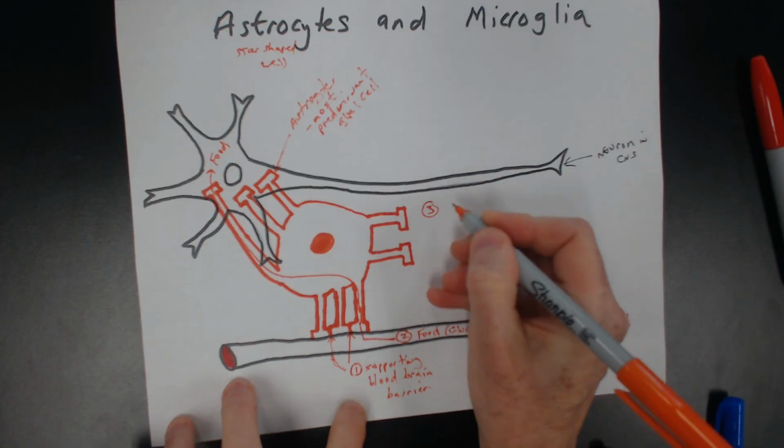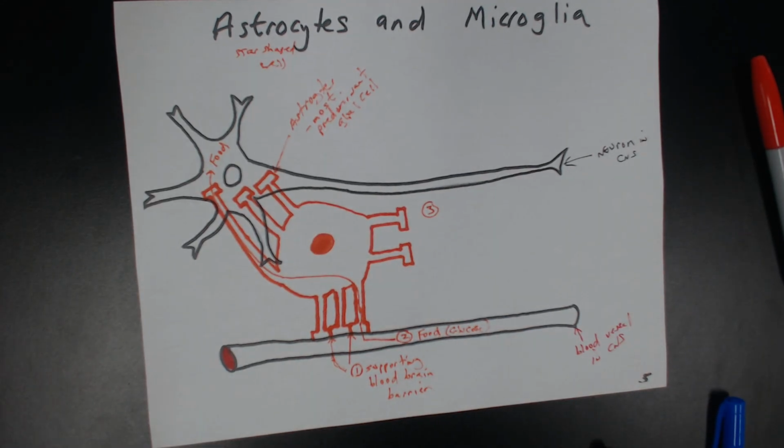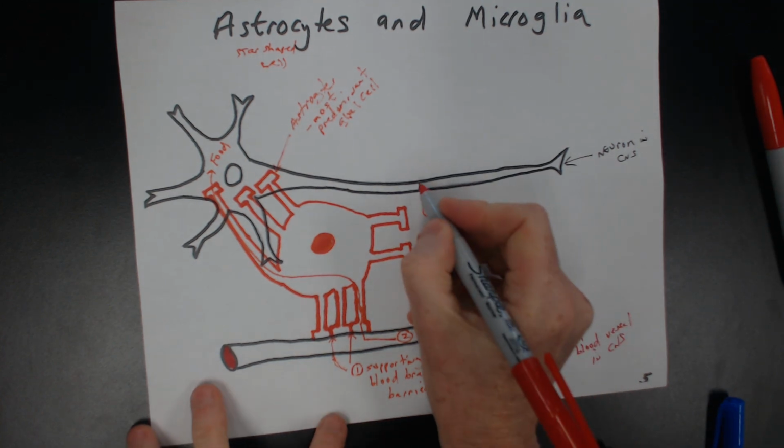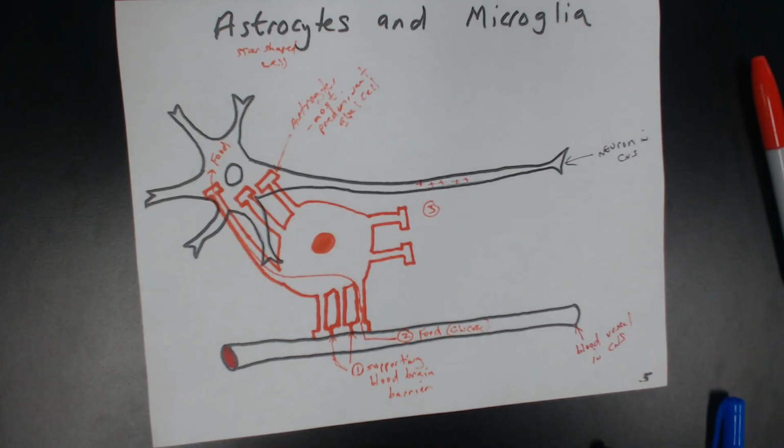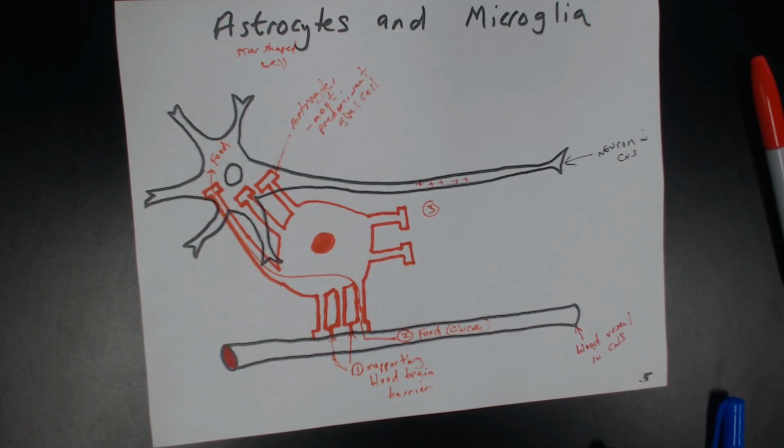We started out talking about that action potential propagating down the axon due to the opening of the sodium channels, but we also talked about the release of potassium from the neuron into the extracellular space.